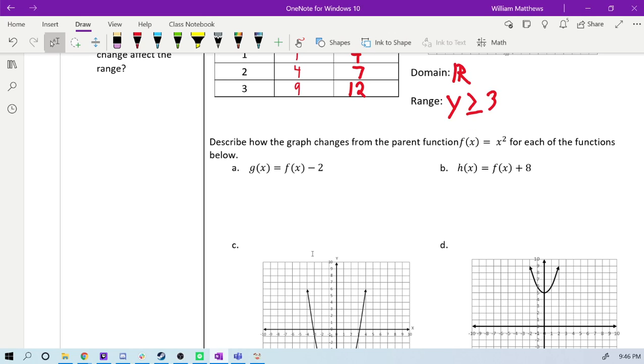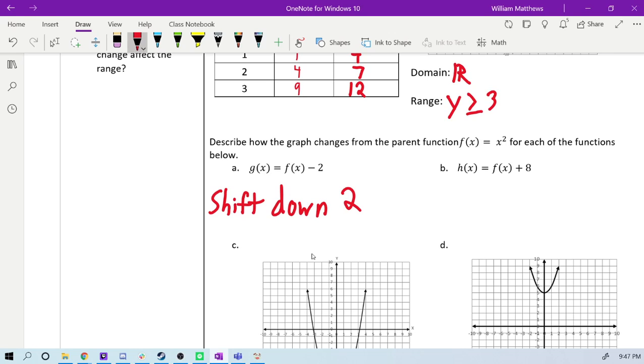For A, it says g of x is our f of x, our parent function, minus 2. So we can state that this is going to shift because we're adding or subtracting. Because it's negative, we're going down, and the total amount will be 2.